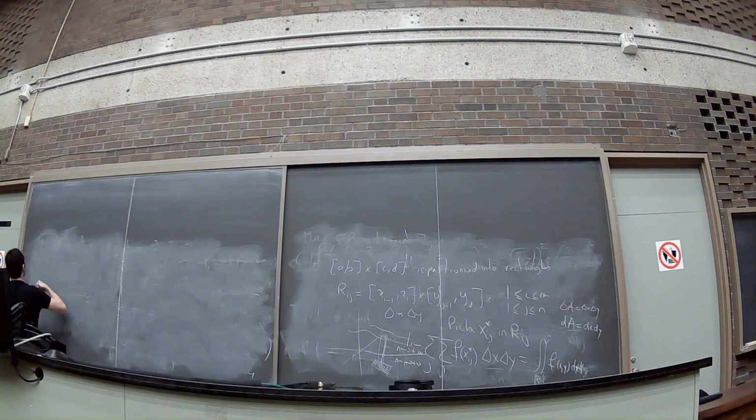Now, iterated integrals. If I have f of x, y over a rectangle [a,b] times [c,d], where x goes from a to b and y goes from c to d, how do you expect to do this?